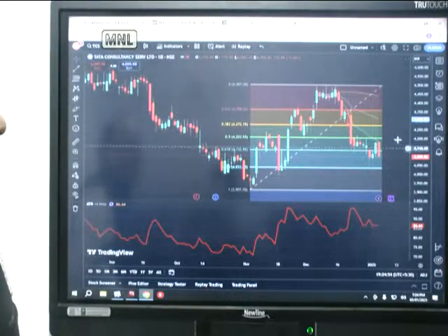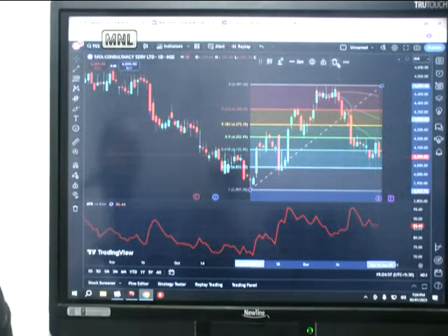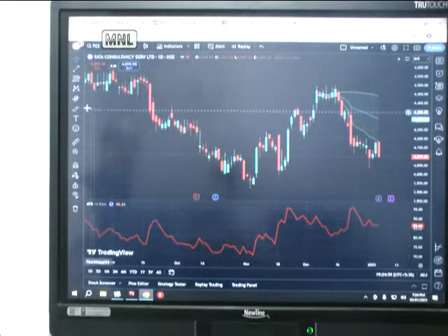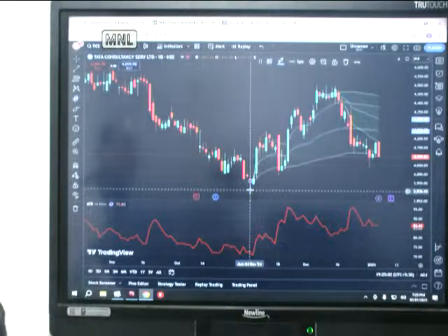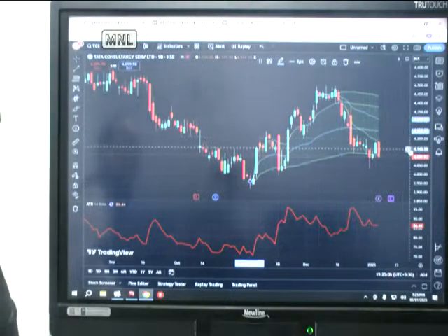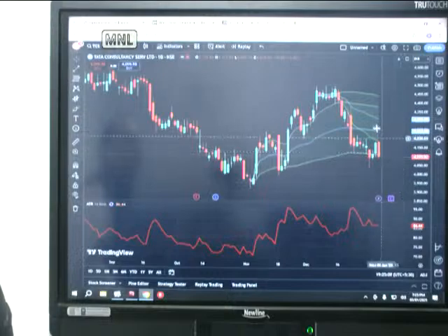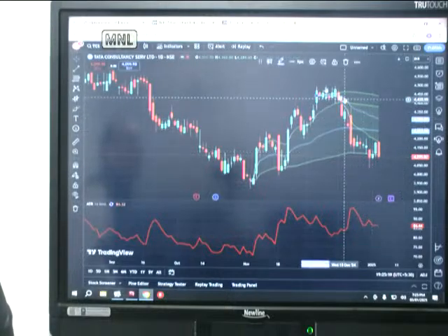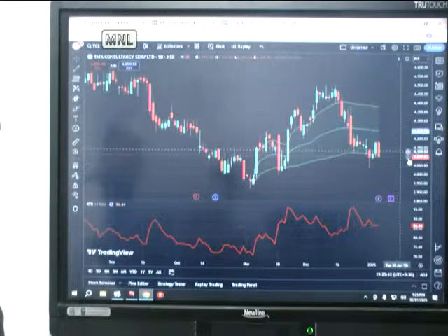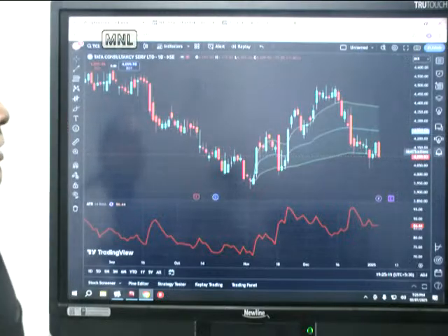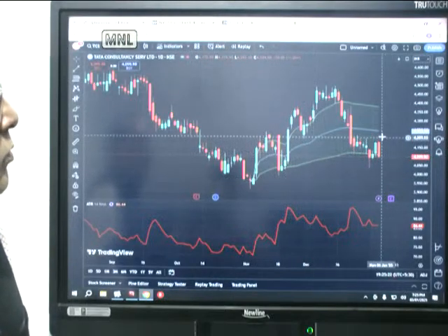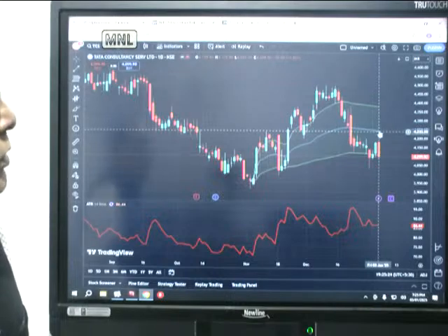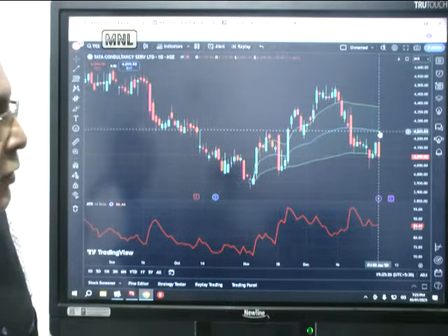Now let us look at the same anchored VWAP from a different date. Let us look at it from this place. Okay. Here at this juncture, from this particular date, we see the resistance coming closer to 42.40.